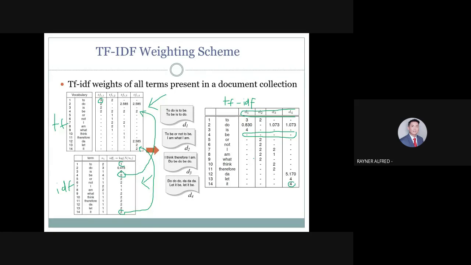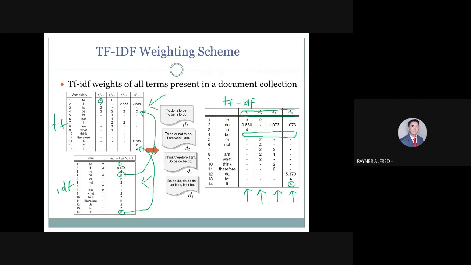As you can see, this only has 3 words. This has how many words? 6. This one has 5. This one has 4. So each one of them will have a different number of words.